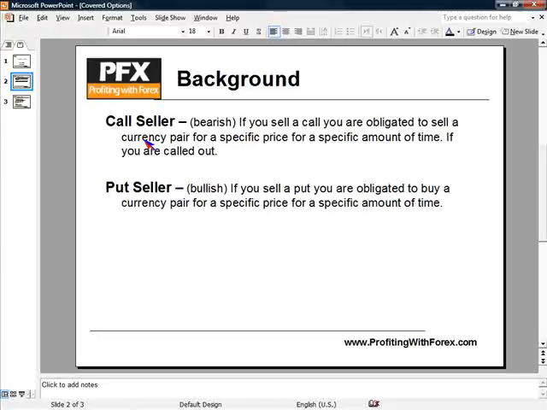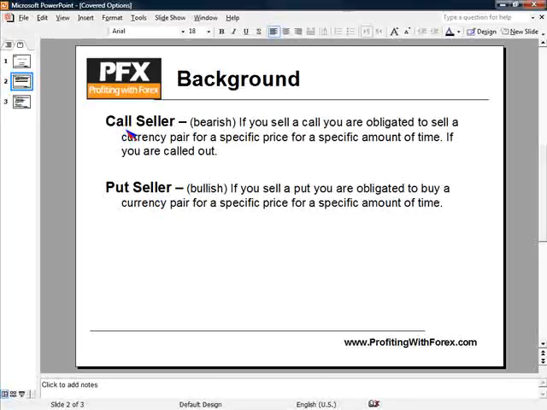The two types of options that I'm going to be talking about today are calls and puts, and we're going to be the option seller. This is interesting because options are obviously different than the spot contract itself. When you sell an option, you're basically creating a liability.